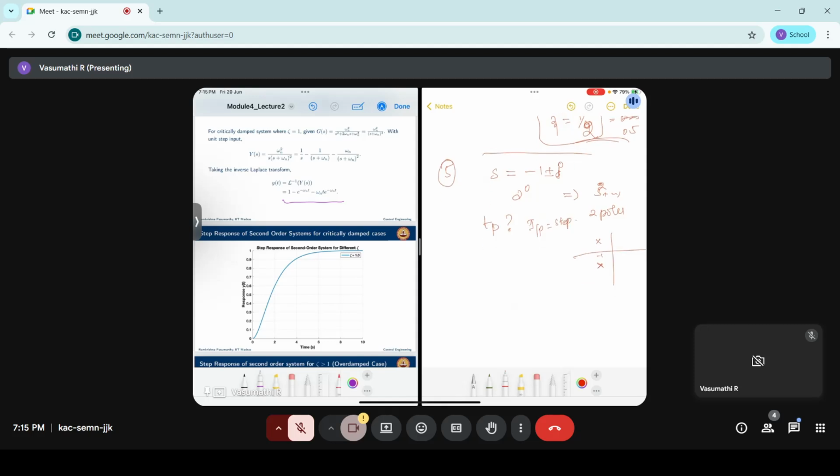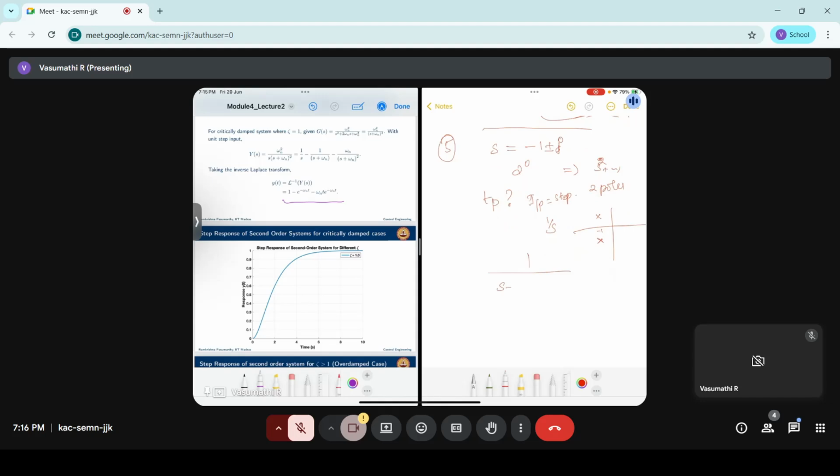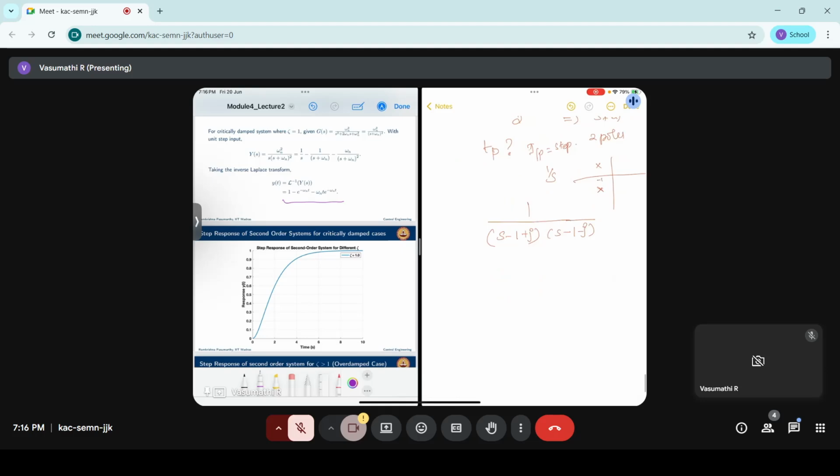Good. They haven't given anything about the magnitude of the step, so I'm going to assume it as a unit step. Since the poles they have given are s minus 1 plus j, it's one pole, and the other pole will be s minus 1 minus j.